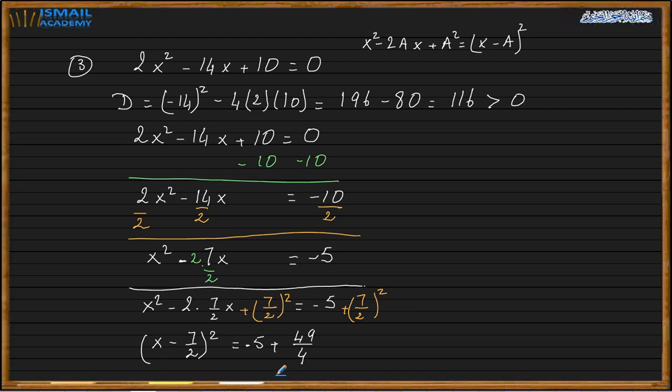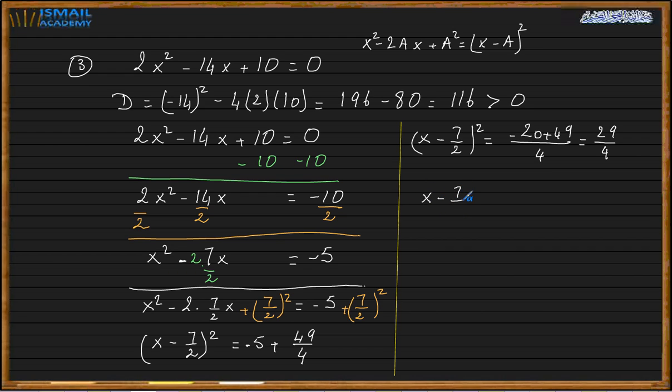Alright, next, so what do we have? Let me make common denominator here, to see if I have a positive answer. So here we have minus 20 plus 49 over 4, which is 29 over 4, and this is positive, so which means that I have two solutions. So now I have x minus 7 over 2 squared equal 29 over 4.